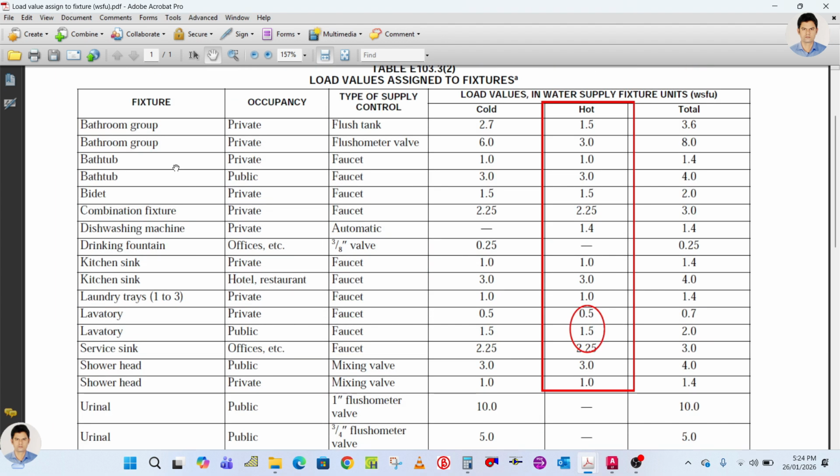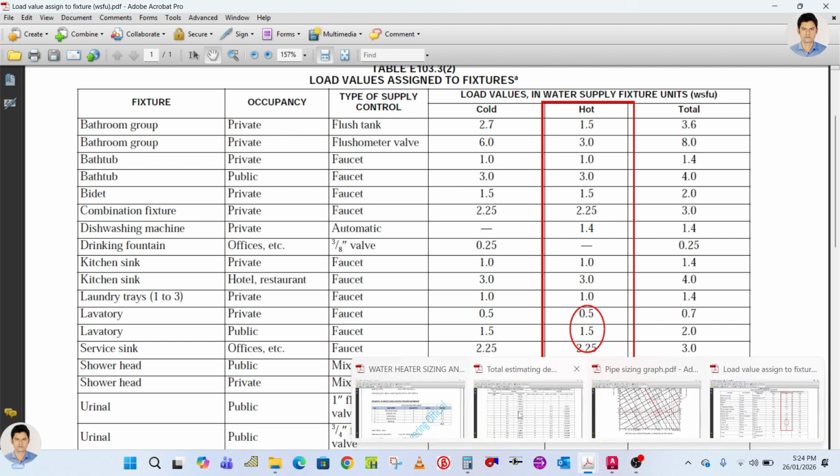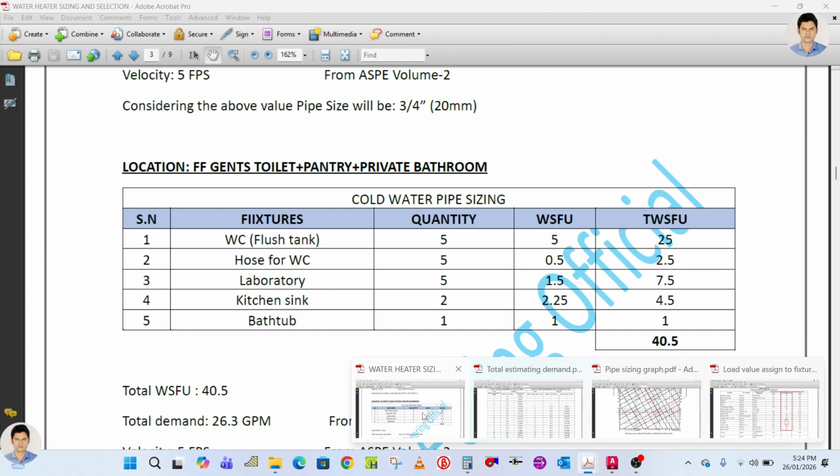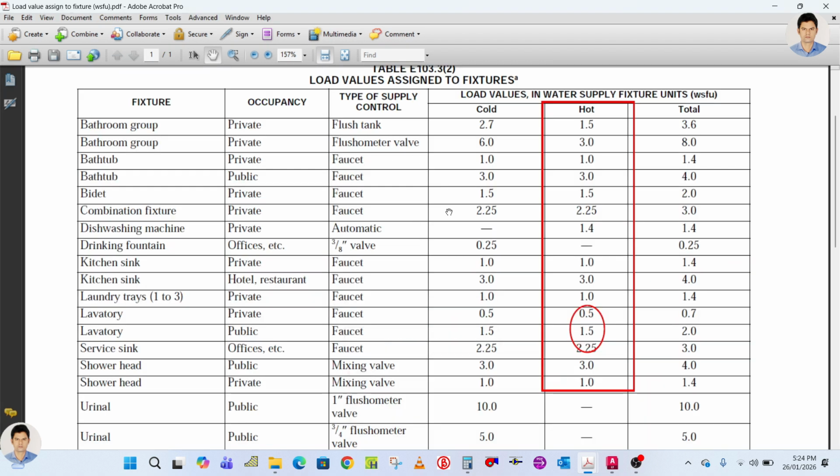Here is the bathtub private, 1. The bathtub is always private, not public, because a bathtub can be used by only one person at a time. So the water supply fixture unit is 1.